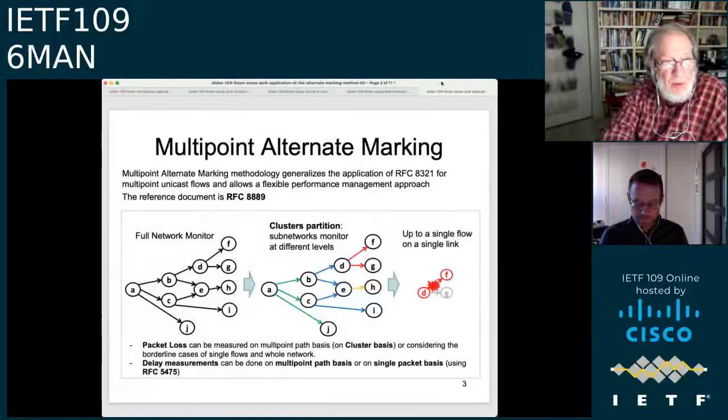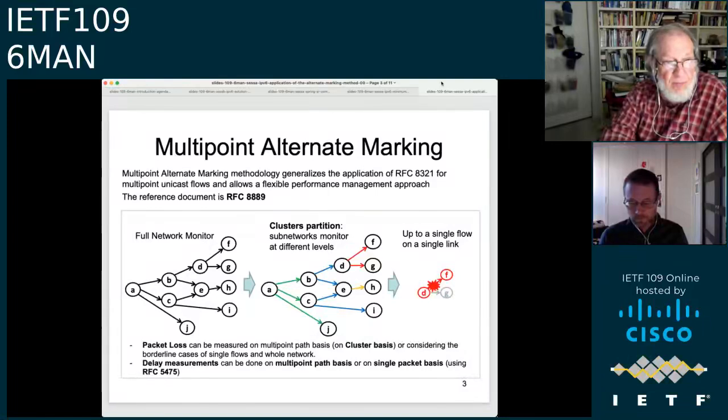The evolution of the basic alternate marking is presented in the new RFC, that has just been published, RFC 8889. In this case, the alternate marking is extended for multi-point flows.